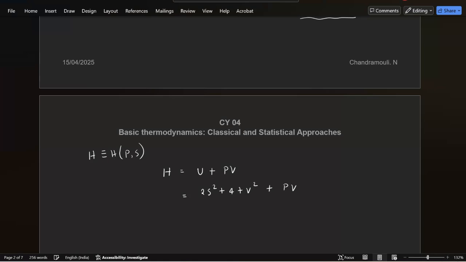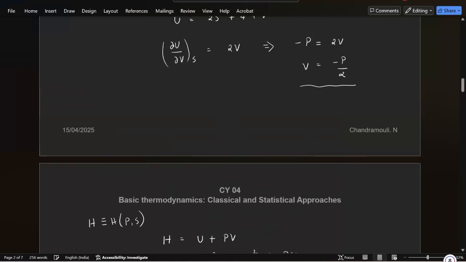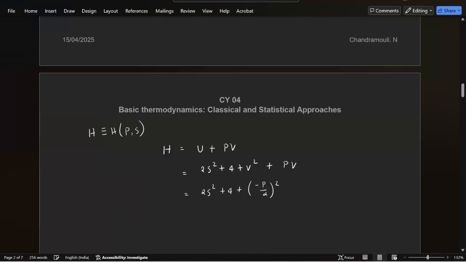Now we'll convert all the V in terms of P, because we want everything in terms of P and S. So 2S square plus 4 plus minus P by 2 square. Okay. V is equal to minus P by 2, correct? Plus P times minus P by 2.